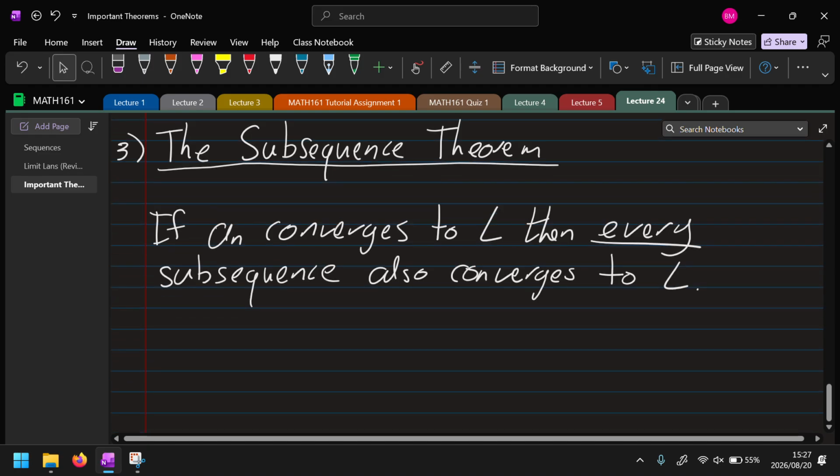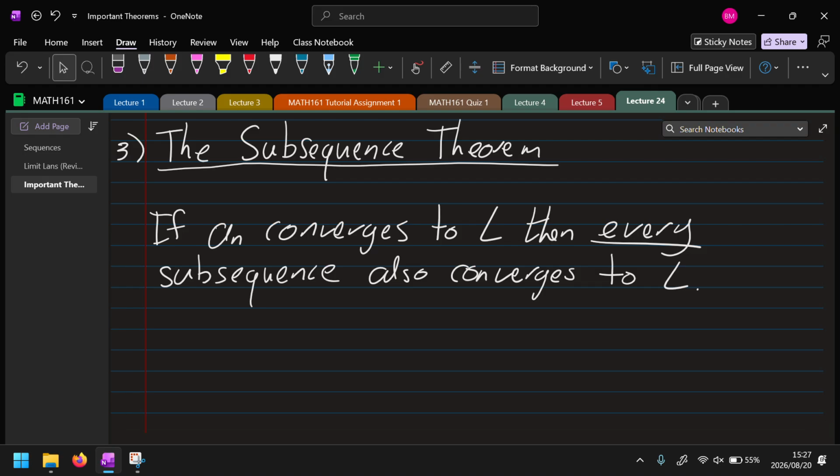Okay. Very powerful theorem. So if a sub n converges to L, then every subsequence also converges to L. Okay, now we know what a sequence is. What is a subsequence?